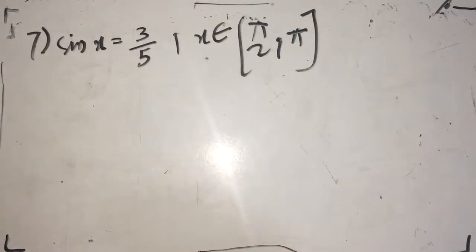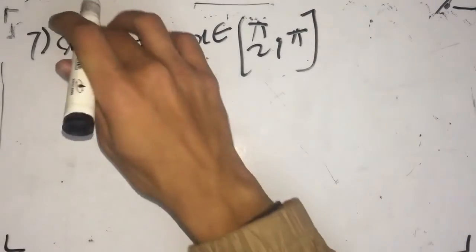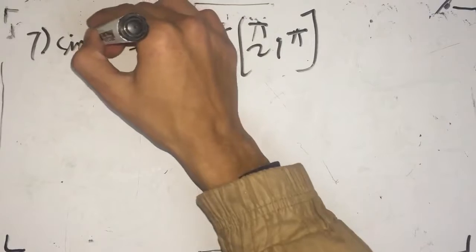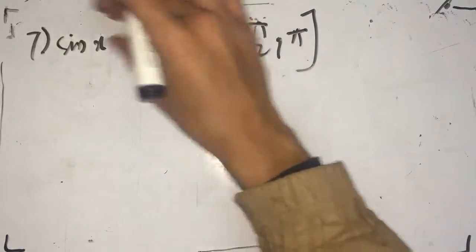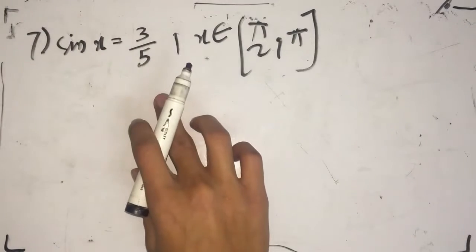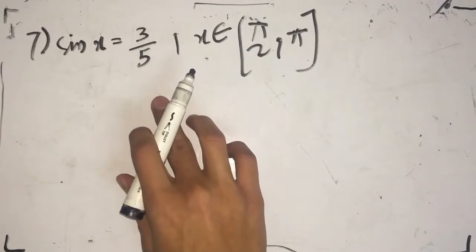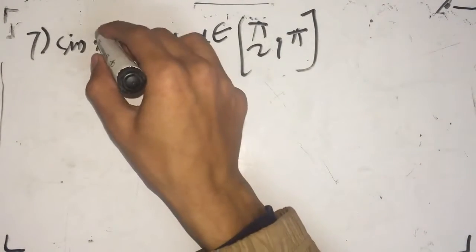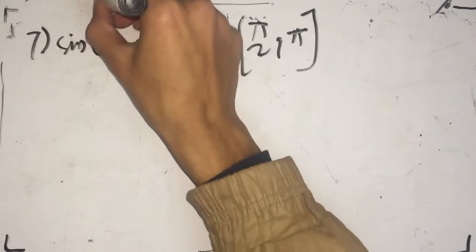Okay, so what they want is they want us to find the cos of x and tan of x. So let's look over here. We have sine of x equals 3 by 5. So that means this x is some angle.